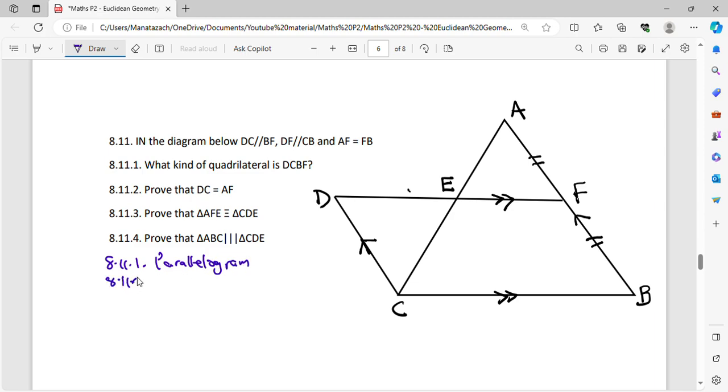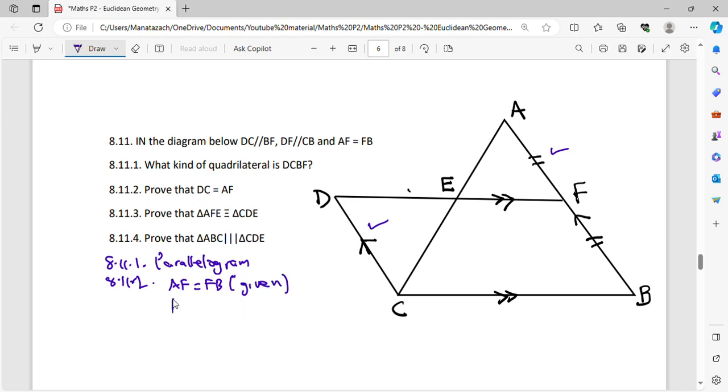Then the second question, prove that DC is equal to AF. Here is DC, here is AF. To prove that they are equal, we've been given that AF is equal to FB. That one is given to us.